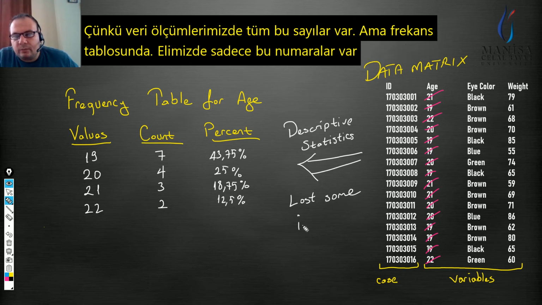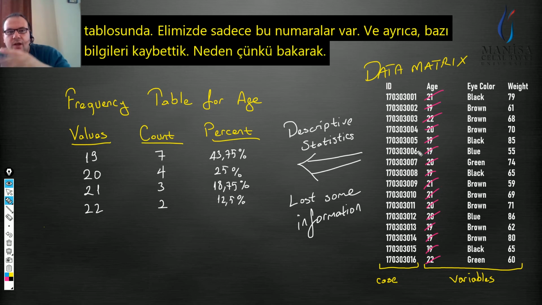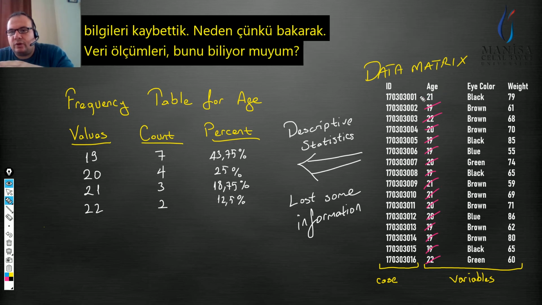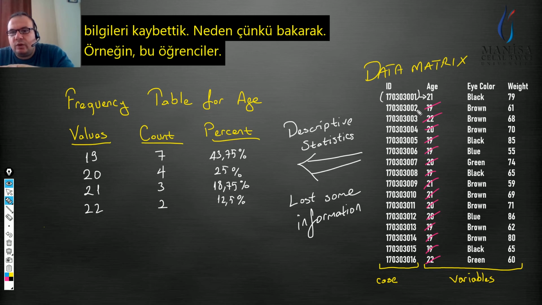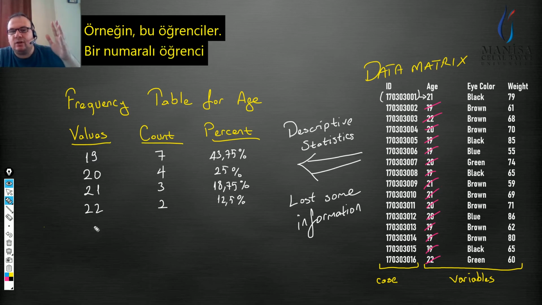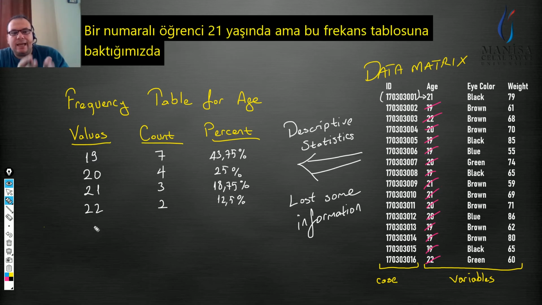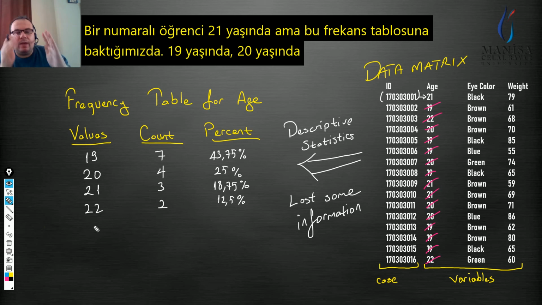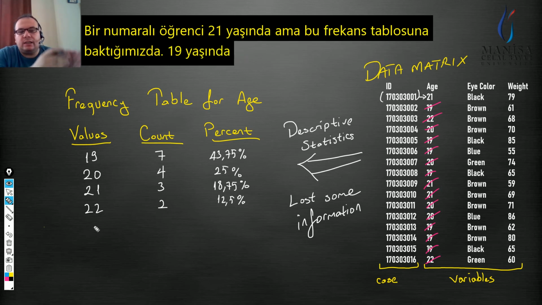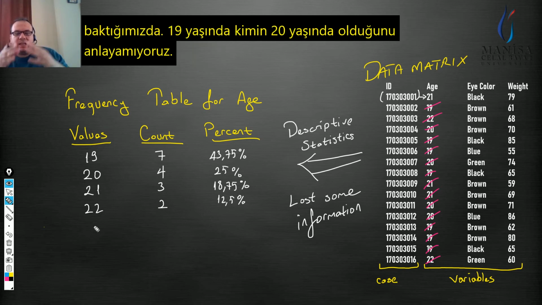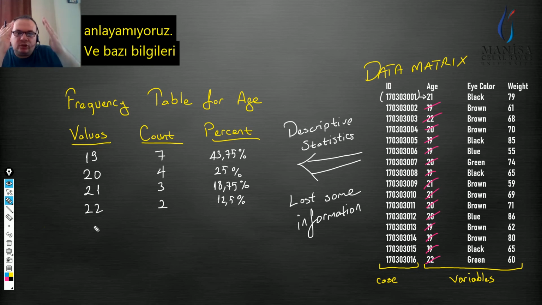By looking at this data matrix, we know that, for example, student number one is 21 years old, but when we look at this frequency table, we cannot understand who is 19, who is 20, who is 21 years old. We can just know we have 7 students who are 19 years old.